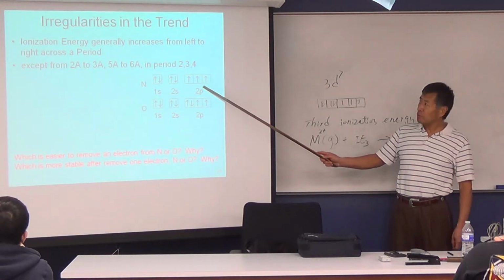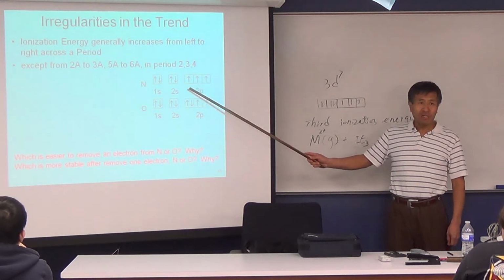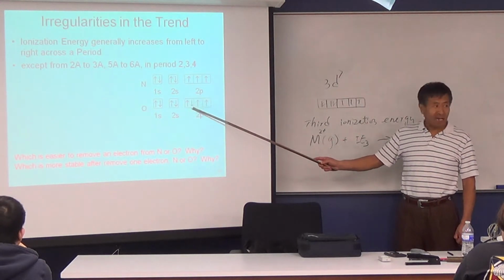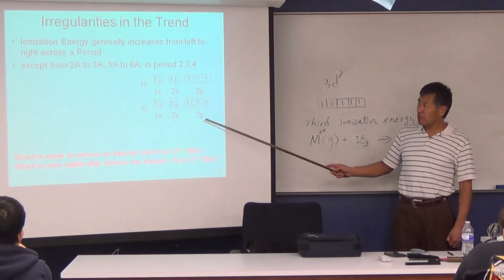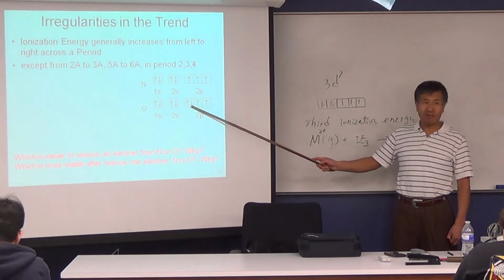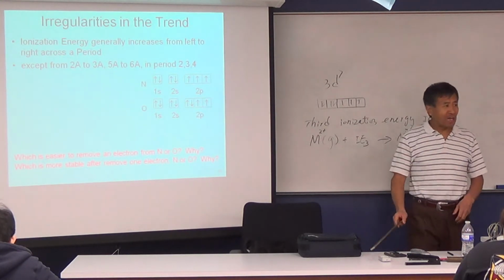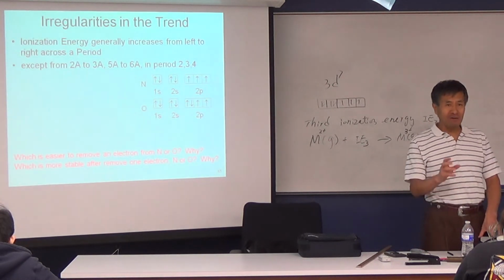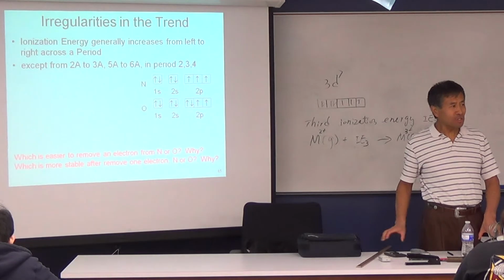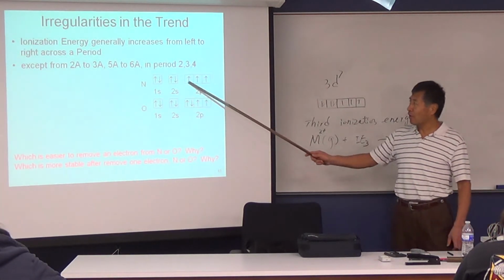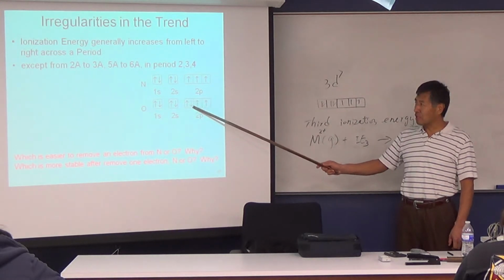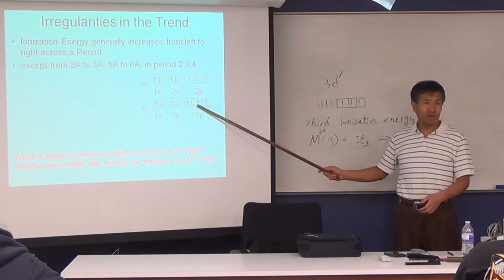The 2p for N is half filled, and you don't have any electron pair. For O, you have one electron pair. Electrons don't like to be paired, because when you pair electrons, they repel, since electrons are negative. So you compare all three single electrons with one pair, and this configuration has a little bit higher energy.